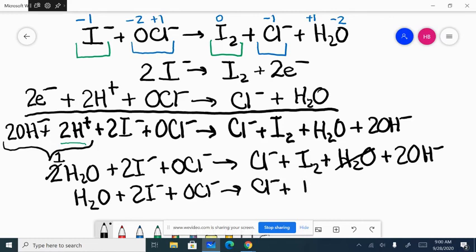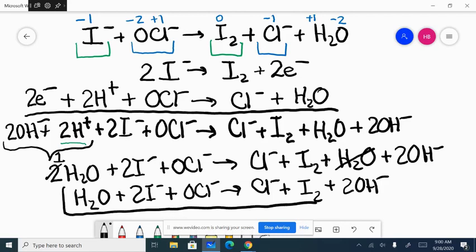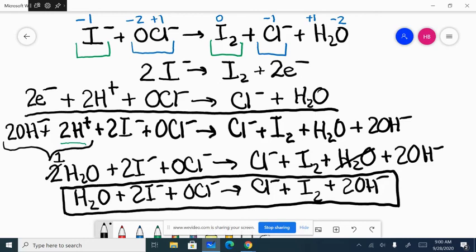And I double check because I'm in basic solution. I can't have H plus, that's acidic solution. I can have OH minus because that's what it means to be basic. And this would be your final answer. So up until we added these OHs in this step right here, remember you add OH to one side, you have to have OH to the other side.